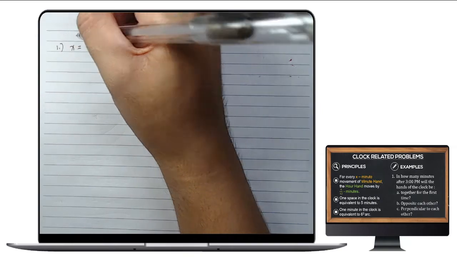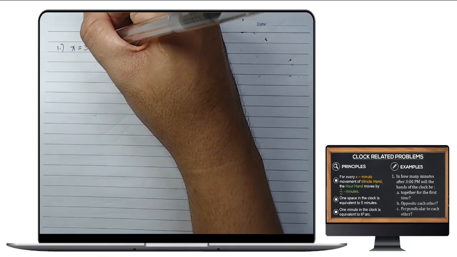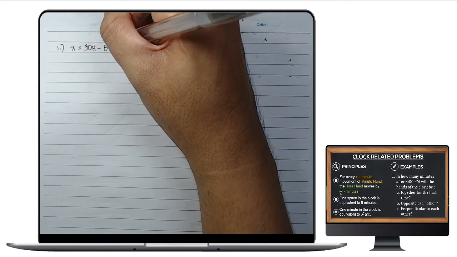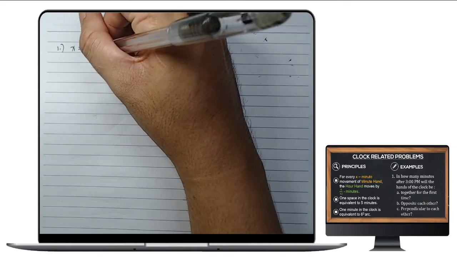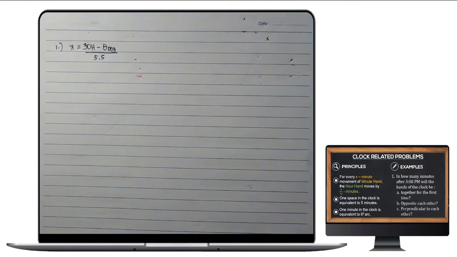So, using the formula, x is equal to, start with this, 30h minus theta in degrees divided by 5.5. So, pag ang lumabas dito is negative, ibig sabihin, we'll be using yung kabila, yung second equation, which should be plus. Pag lumabas dito is positive, that will be the answer. Okay? Or, depending sa ating problem. Okay?